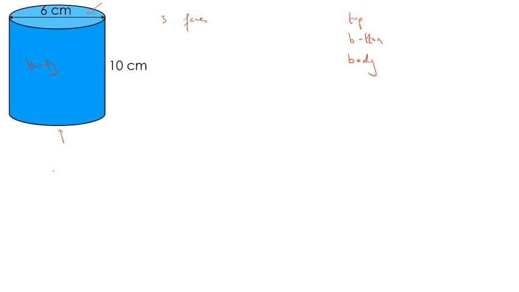Okay, how it was made in a factory, for example. But all it is is 2 circles, and I hope you agree that the body is just a rectangle that wraps around the circles to make that curved body shape. That's the top, this is the bottom, this is the body.